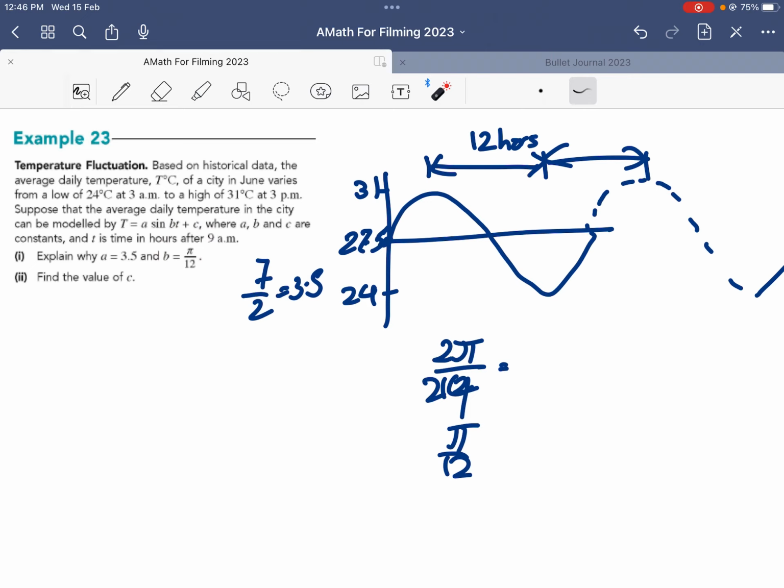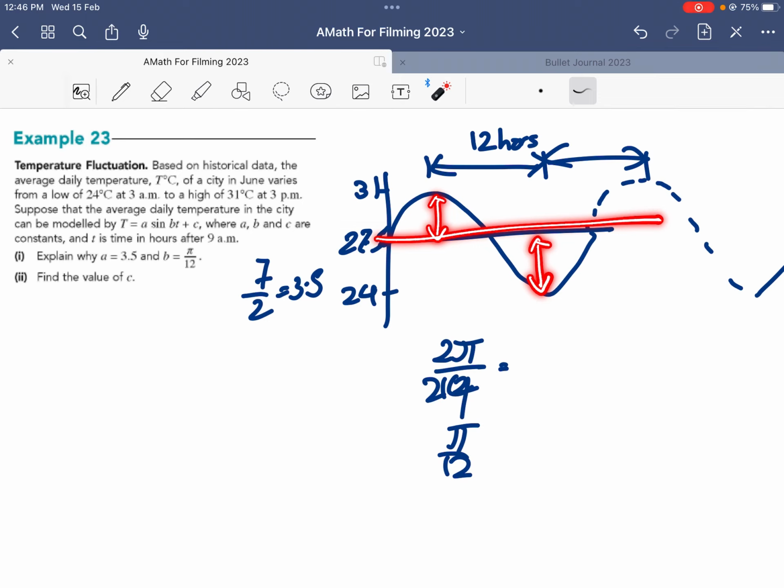Now what we have here is this. To get my amplitude, my maximum is 31 and my minimum is 24. I want to see how far this distance is, the displacement from the central line here. One way for me to do it is to just subtract.